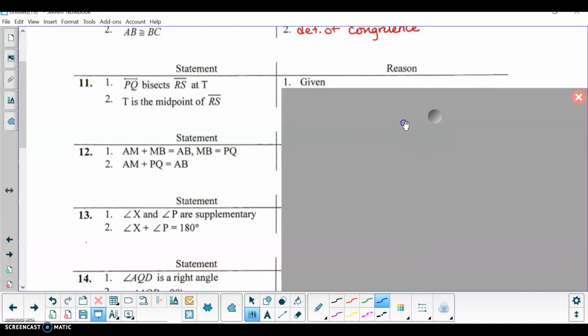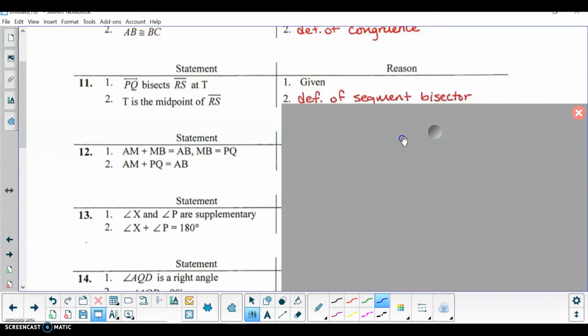PQ bisects RS at T. Okay. And then you're trying to prove T is the midpoint of RS. What is that? Okay. Definition of segment bisector.